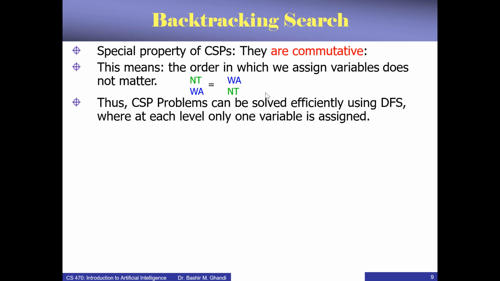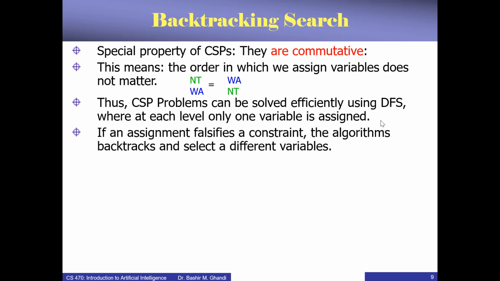Based on this property, it turns out that CSP problems can be solved very efficiently using depth-first search, the same depth-first search that we learned in the last lectures. The only thing we do here is at each level of the depth-first search, we assign a value to only one variable, and then go to the next level to assign the next value to another variable, and so on.